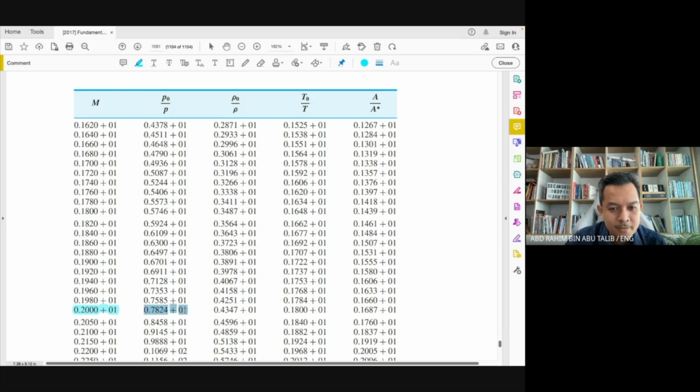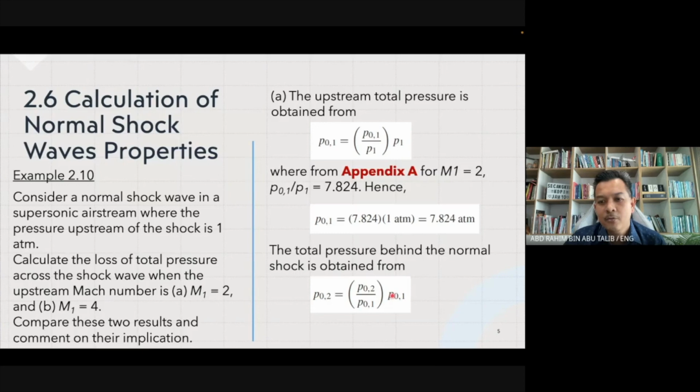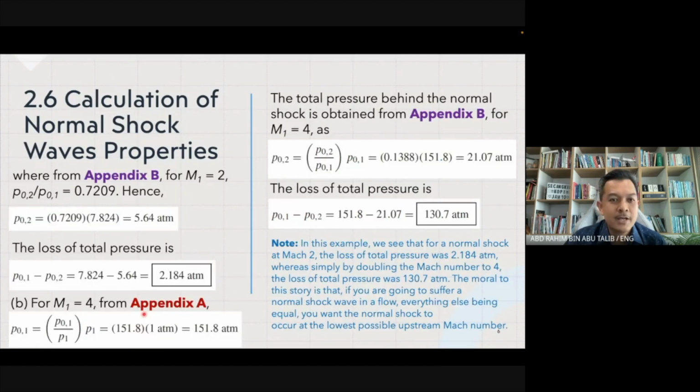Then we look into Appendix B, when M1 equal to 2.